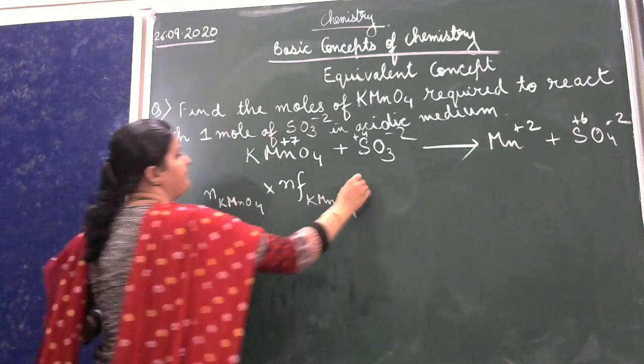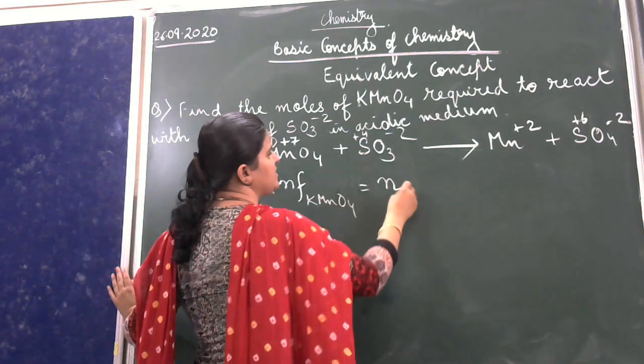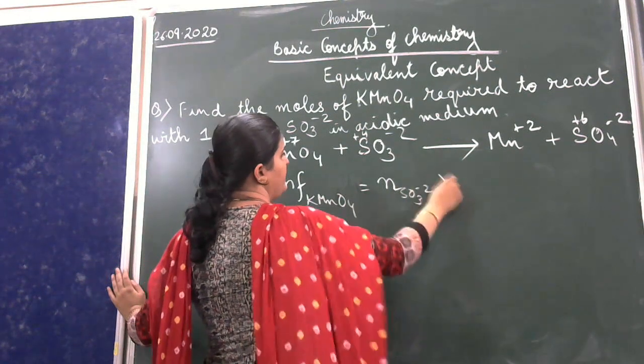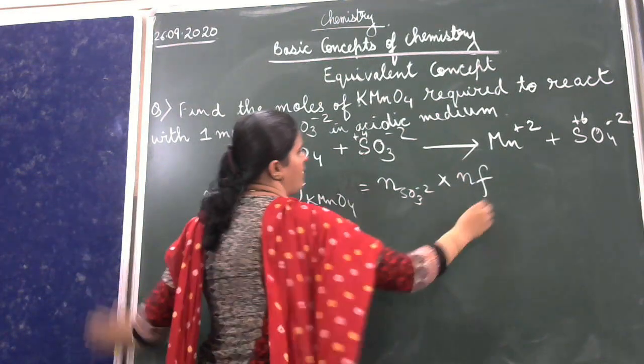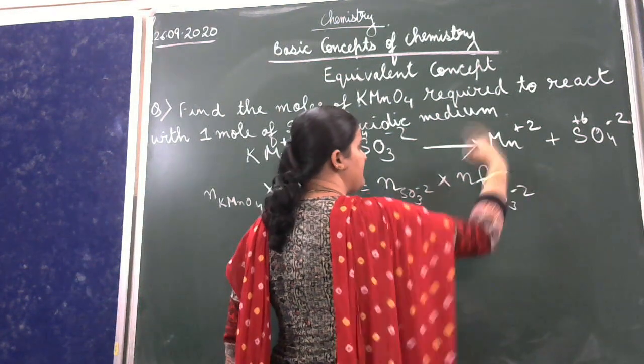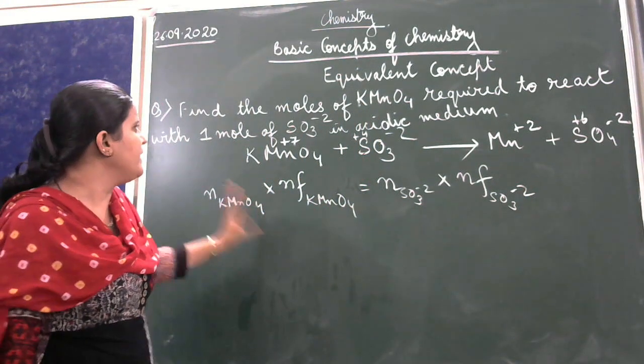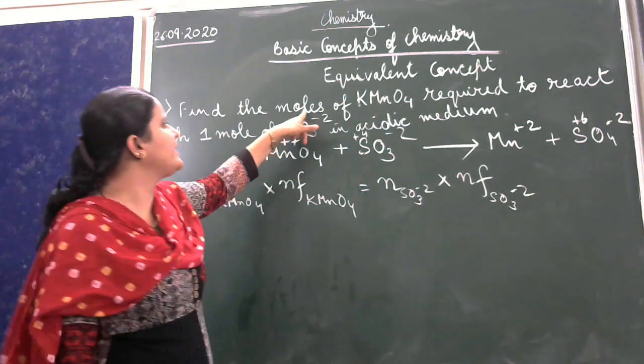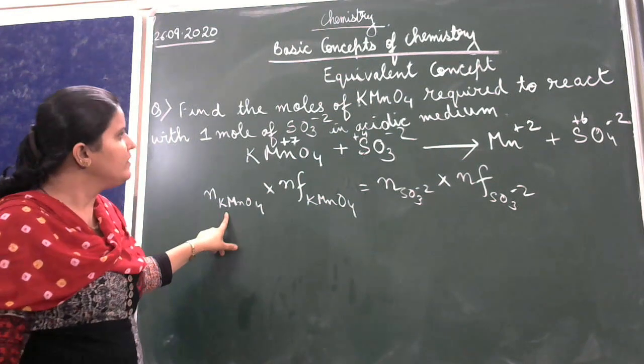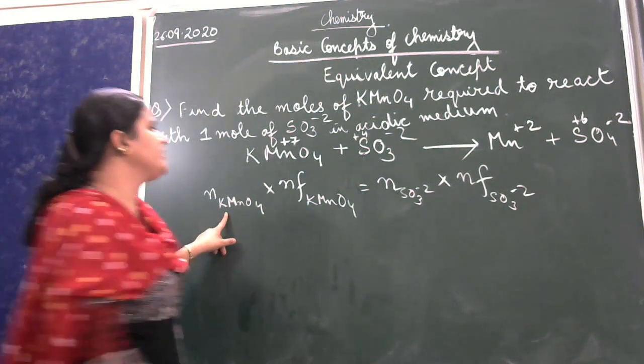This will be equal to moles of sulfite ion into n factor of sulfite ion, and that is again equal to this and this. But in my question, I need to calculate the moles of KMnO4 which reacts with 1 mole of sulfite.